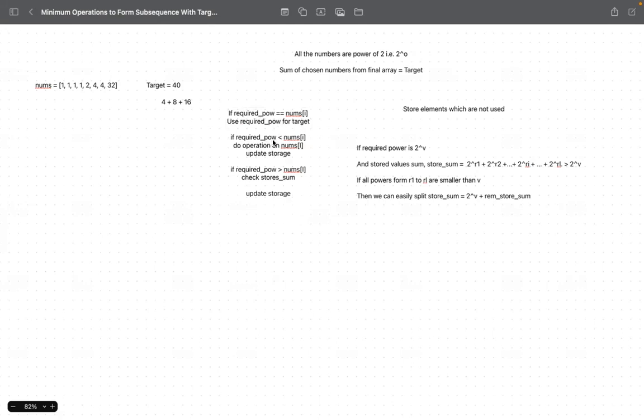The second condition is required power is lesser than nums. So in case required power is 32 and your nums is 8, then obviously you will hit this condition. And in that case, what you have to do is you can do operations on the nums side and update a storage. So what is the storage?